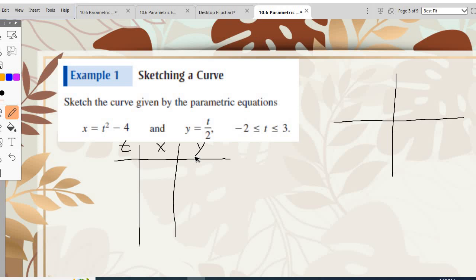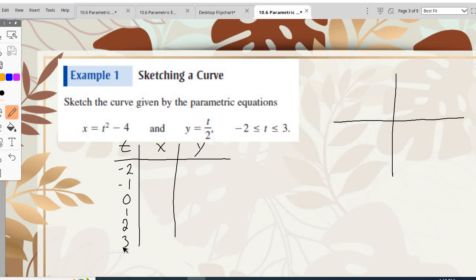Now, what number do you think we might want to start at? Negative 2, it gives us that we are going from negative 2 to 3. And we just get our x and y value by plugging this t value into our equation.